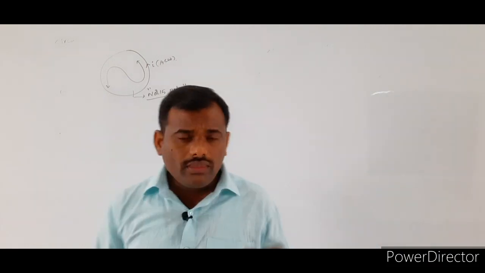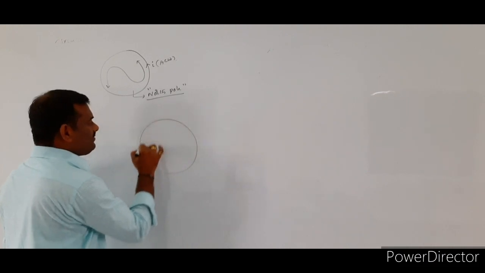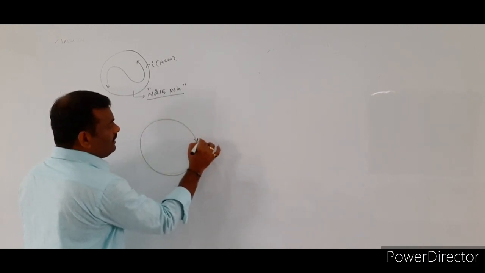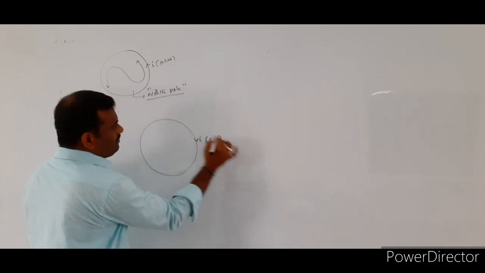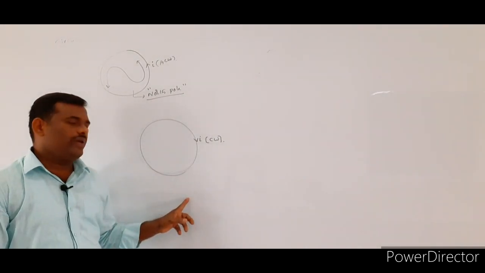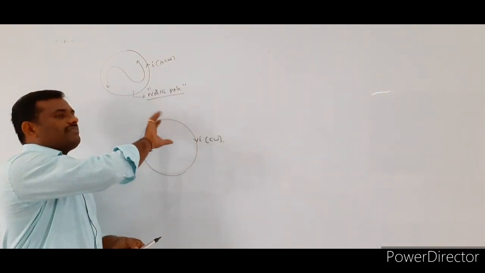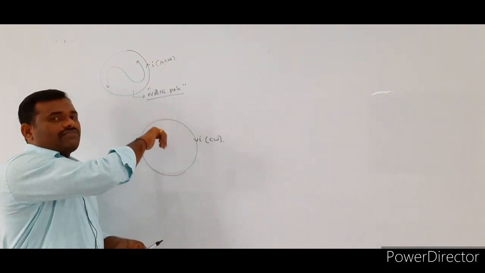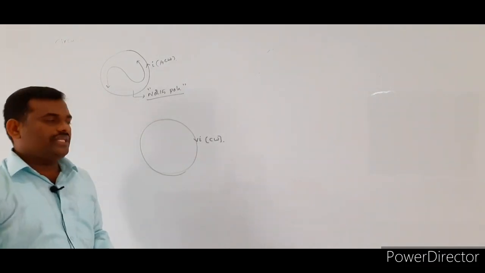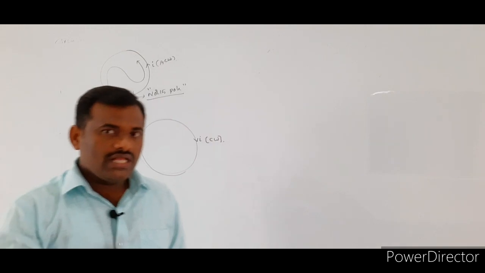Now, on the other face of the coil, the same current flows in the clockwise direction. If the current is flowing in the clockwise direction, the field lines are inverse.